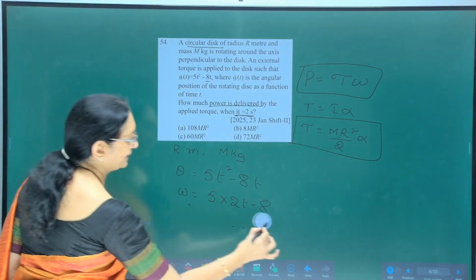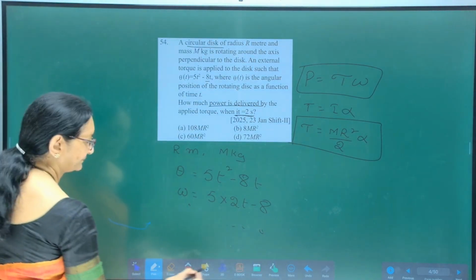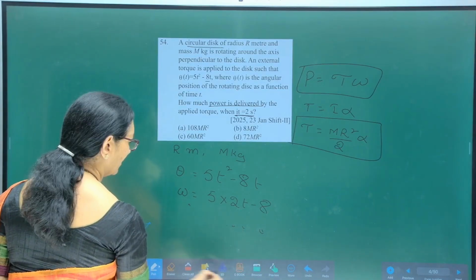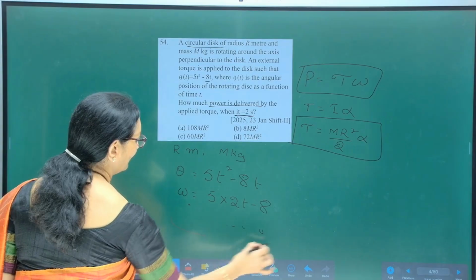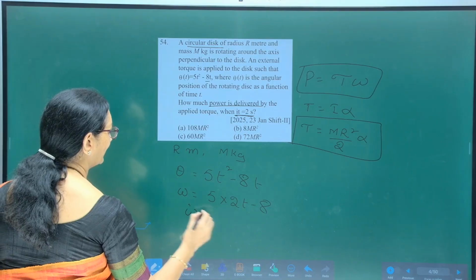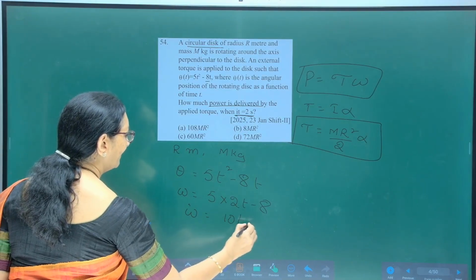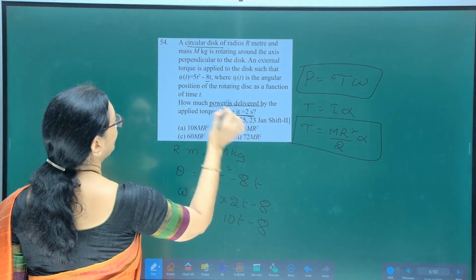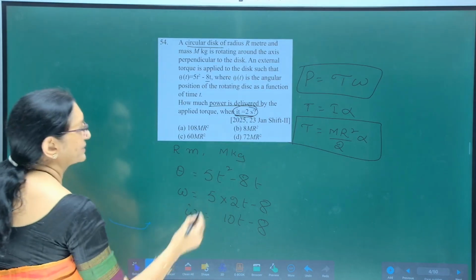So angular velocity is equal to 10t minus 8. Here we need the angular velocity at t equal to 2 seconds.